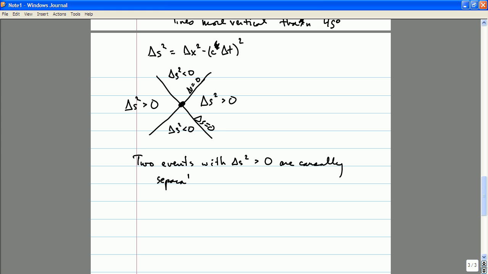What do I mean by that? What I mean is that it is impossible to get from one to another without going faster than the speed of light.